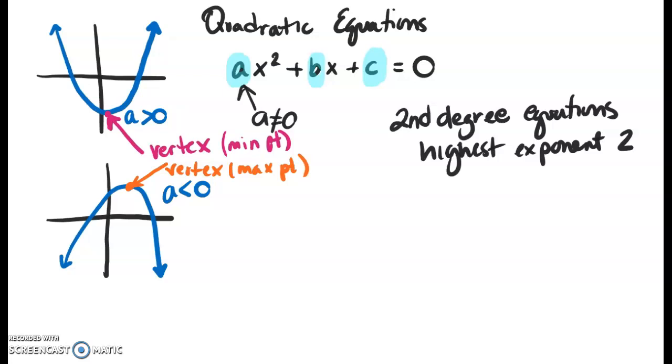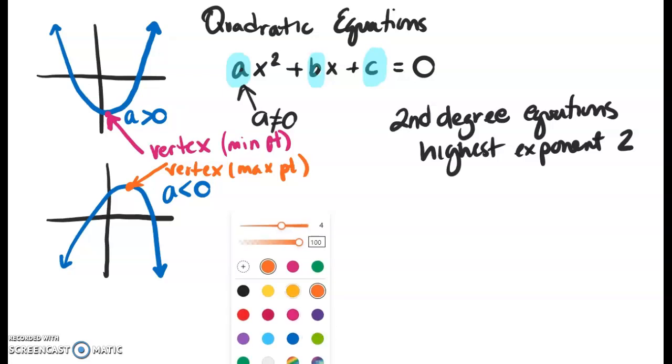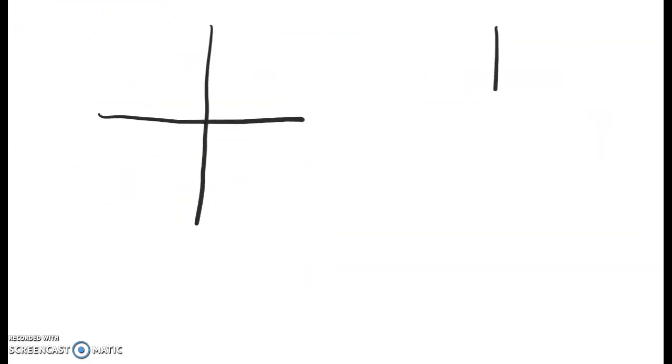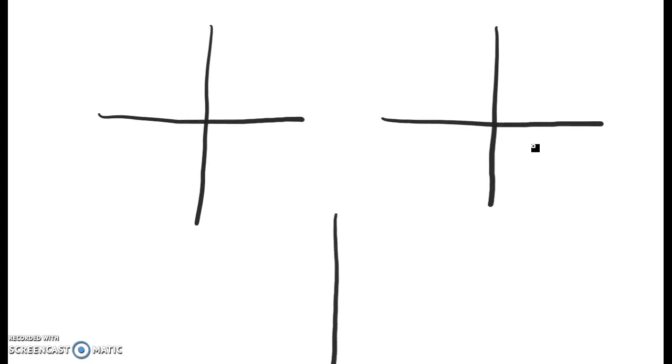So when we see these parabola equations, they do sometimes cross the x-axis. So for example, let me draw out some xy planes here. Again, they can open up or down.